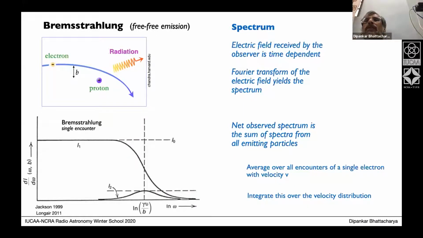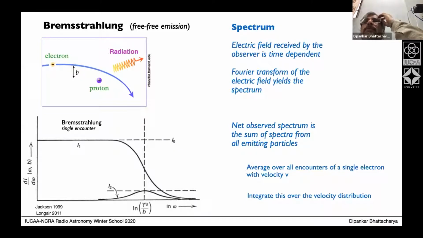As you can see in the upper left-hand corner of the figure, we have an electron passing by a proton with an impact parameter, let's call that b. And that causes the electron trajectory to bend, and this acceleration causes radiation, as you have seen before.